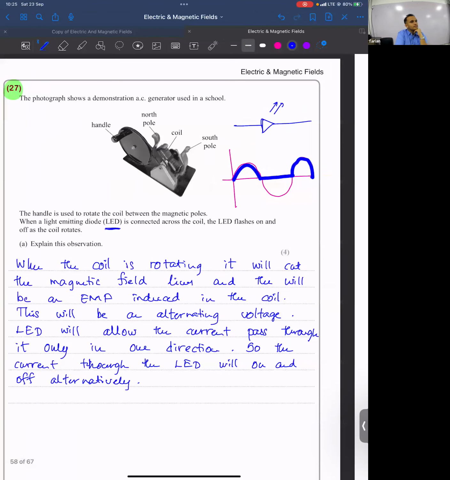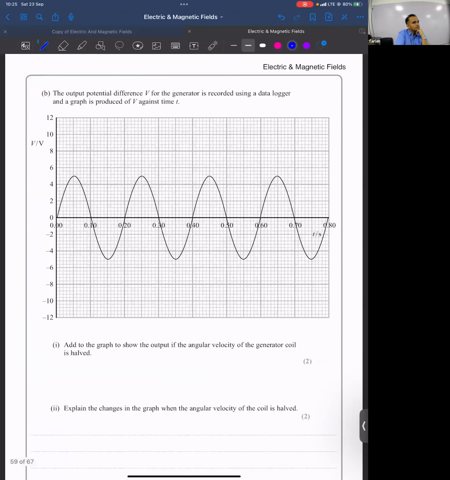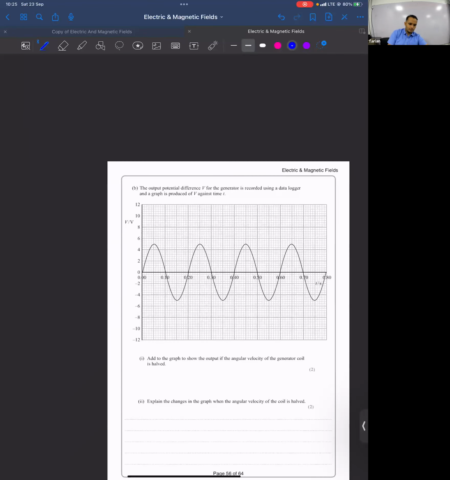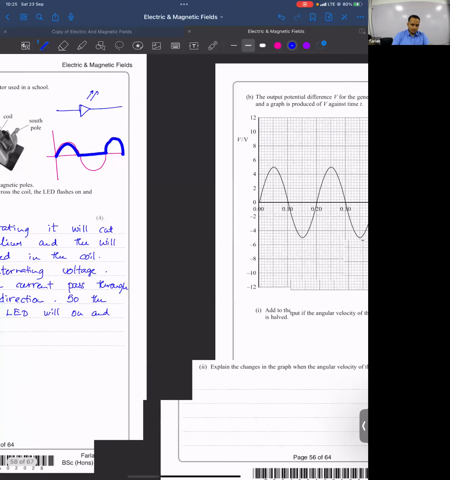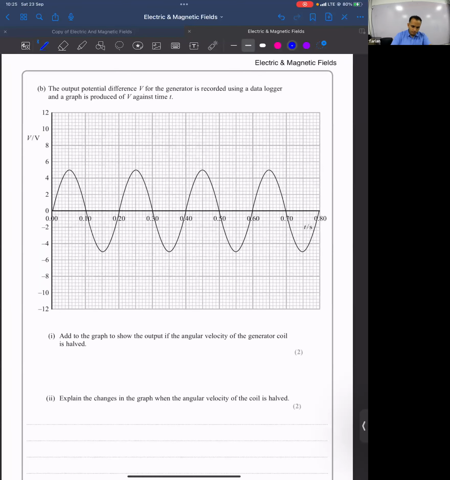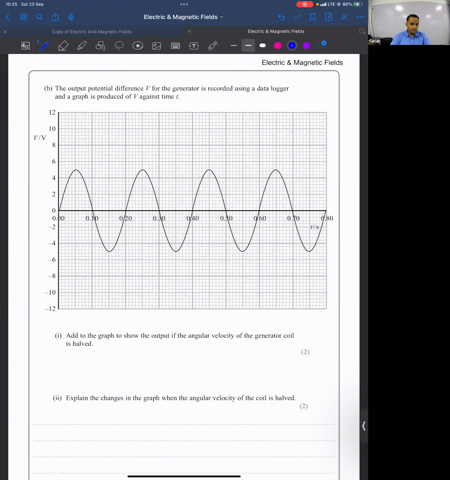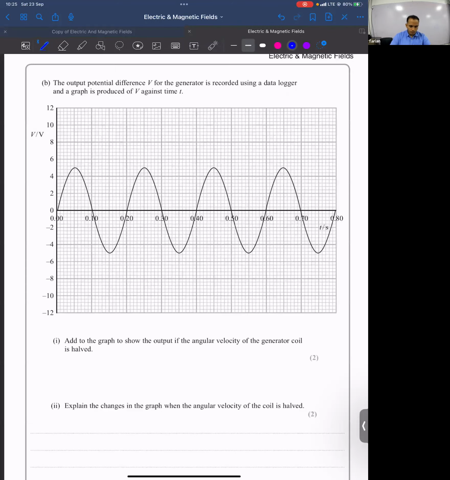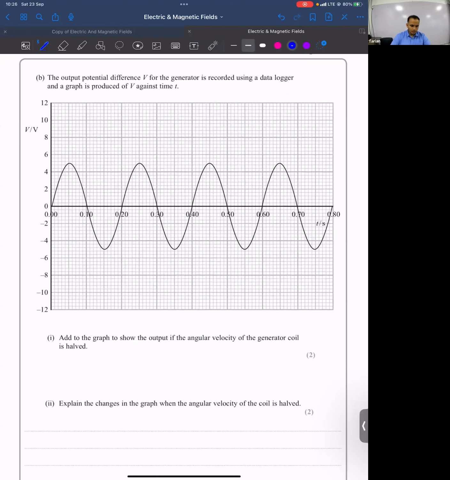Okay, magnetic flux linkage changes, that is correct. When the magnetic flux linkage changes, not when there is a magnetic flux linkage. The output potential difference for the generator is recorded using a data logger, and a graph is produced of V against time. Add to the graph to show the output if the angular velocity of the generator coil is halved.